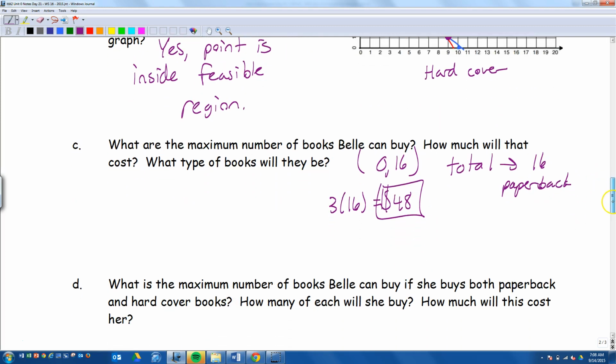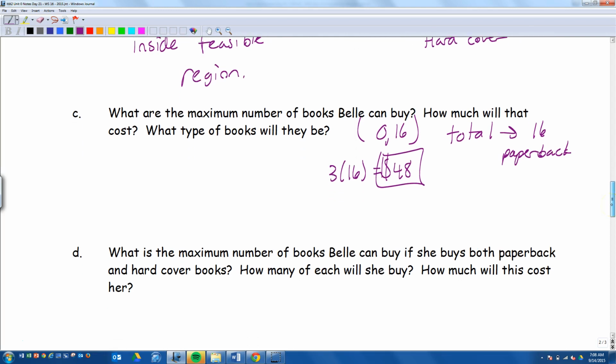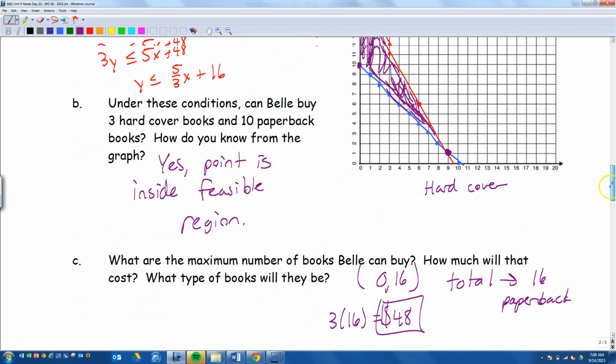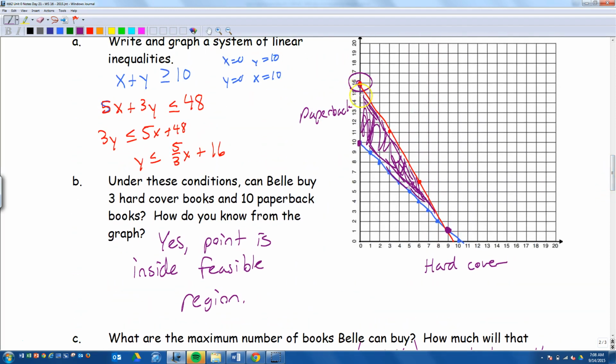Okay? What is the maximum number of books Belle can buy if she buys both paperback and hardcover? Alright, so this is where I look at, again, I kind of move along this red line, and we talked about it. You have to use whole units, so I can't say she could buy 1 and 15, because that doesn't work. But it looks like she can buy 1 hardcover and 14 paperback, which gives you a total of 15 books. And if you go lower, that number will decrease.